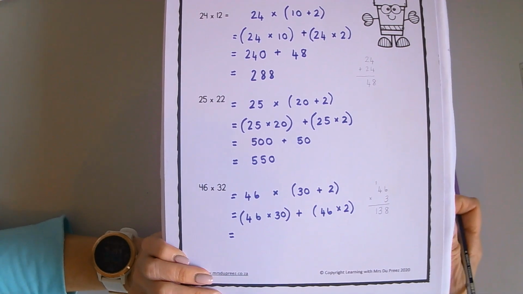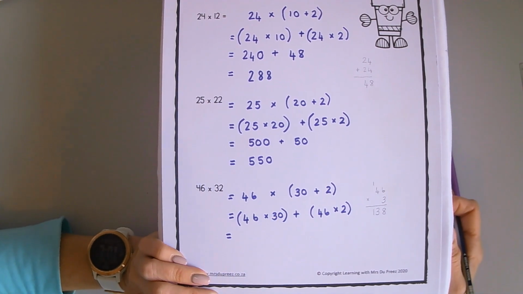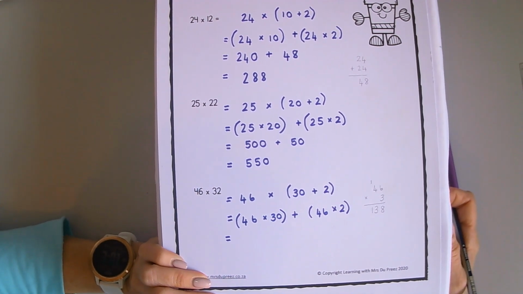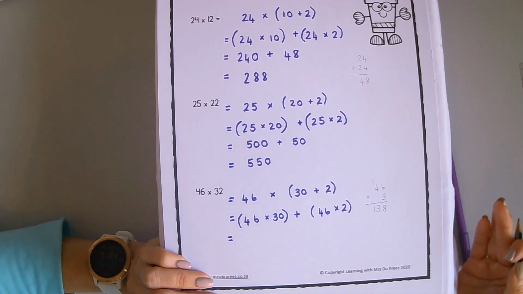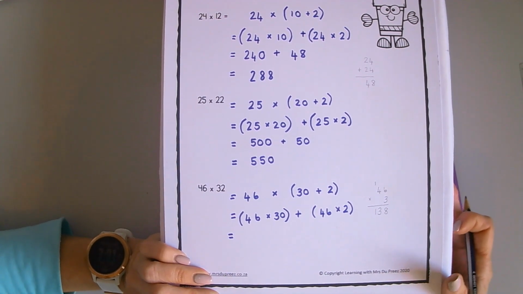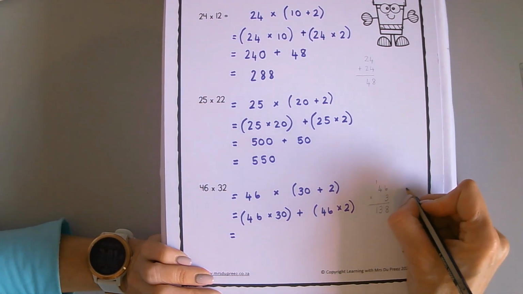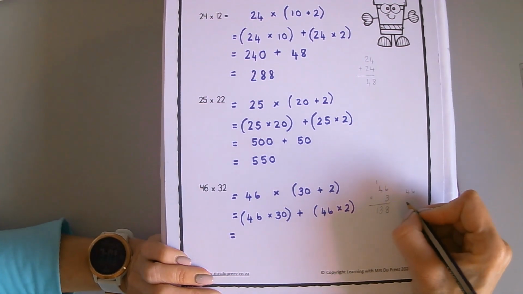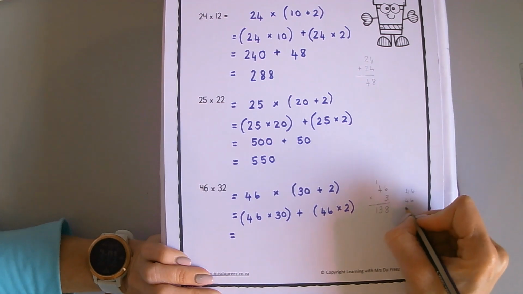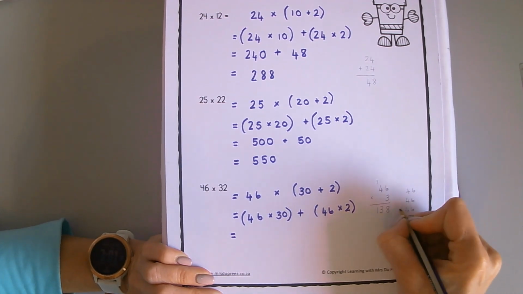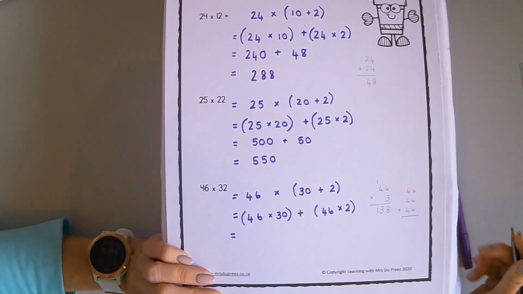But say you don't like column method. Say for some reason you just haven't grasped it yet and you're not 100% sure on how to work your column method. Then you also know that 46 times 3 is adding 46 3 times. And I think by now you should be quite good at adding.